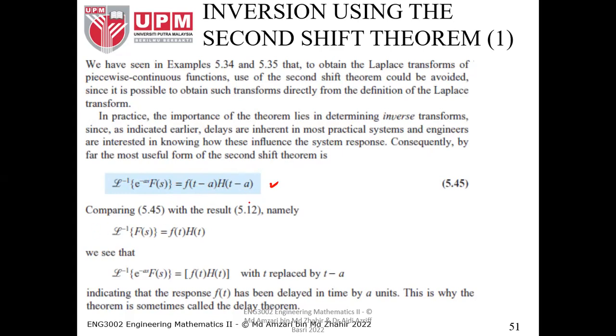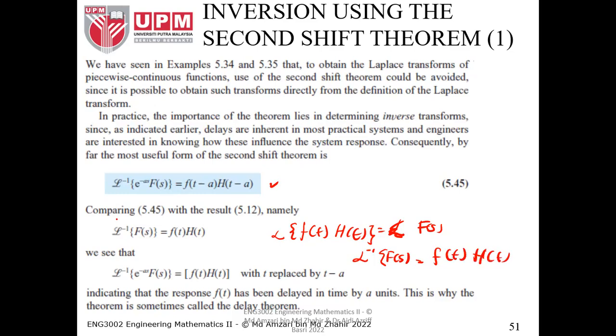As we mentioned, if we have a function f(t) times h(t) and we Laplace it, you will get F(s). If you take the Laplace transform inverse of F(s), you will get the same one, f(t) h(t). So this is the main one.